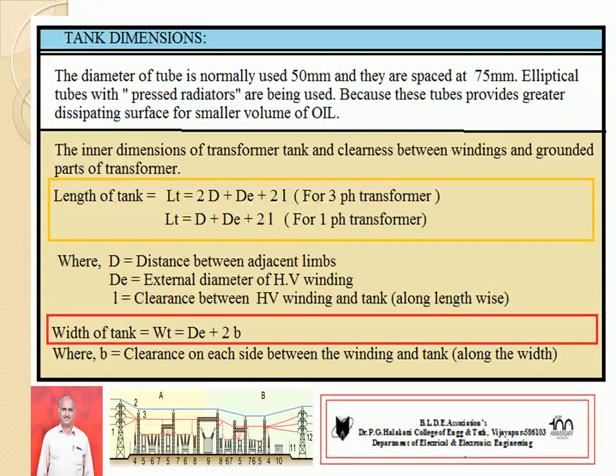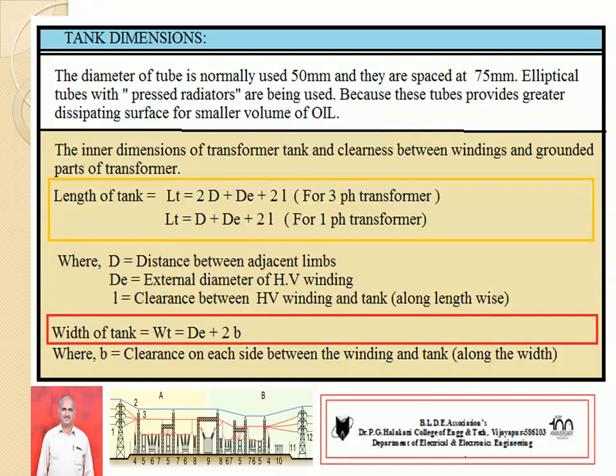After that, another important aspect we have to discuss is the dimensions of transformer tanks with clearances, that is, some space we have to leave between the outside diameter of the winding and the surface of the tank.